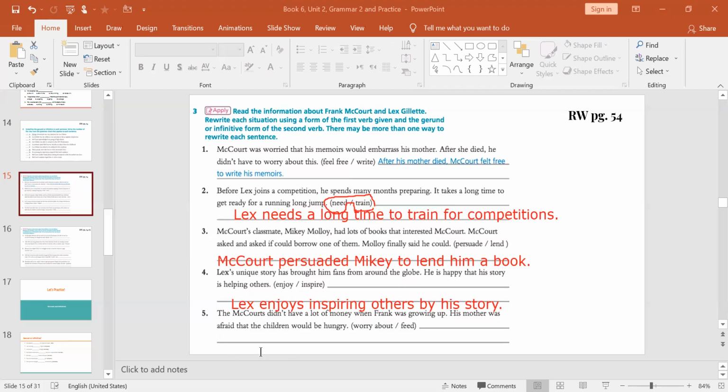This is one. The McCourts didn't have a lot of money when Frank was growing up. His mother was afraid that the children would be hungry.